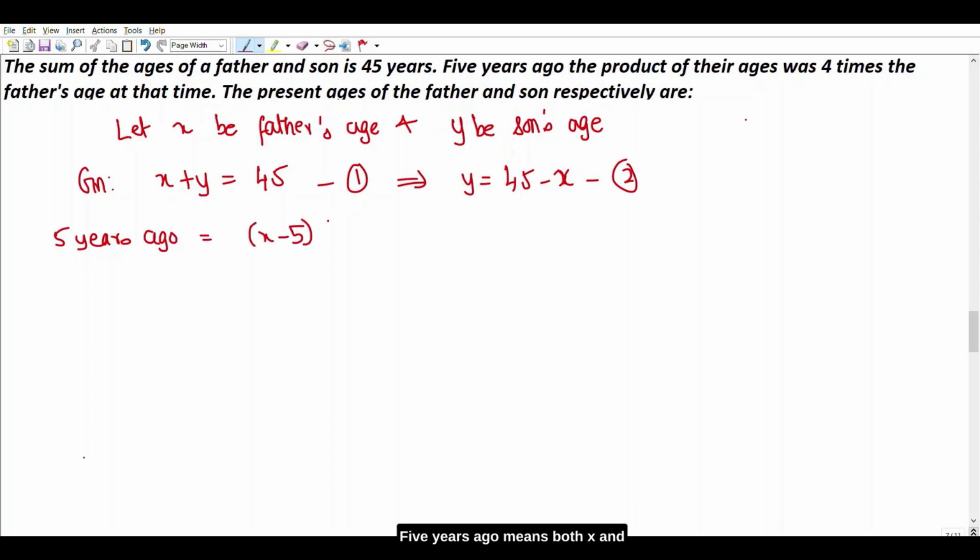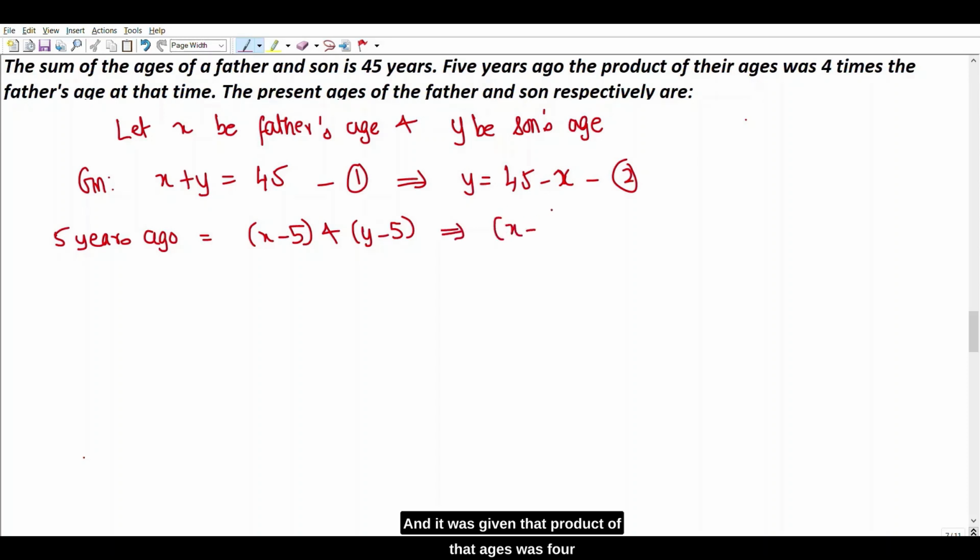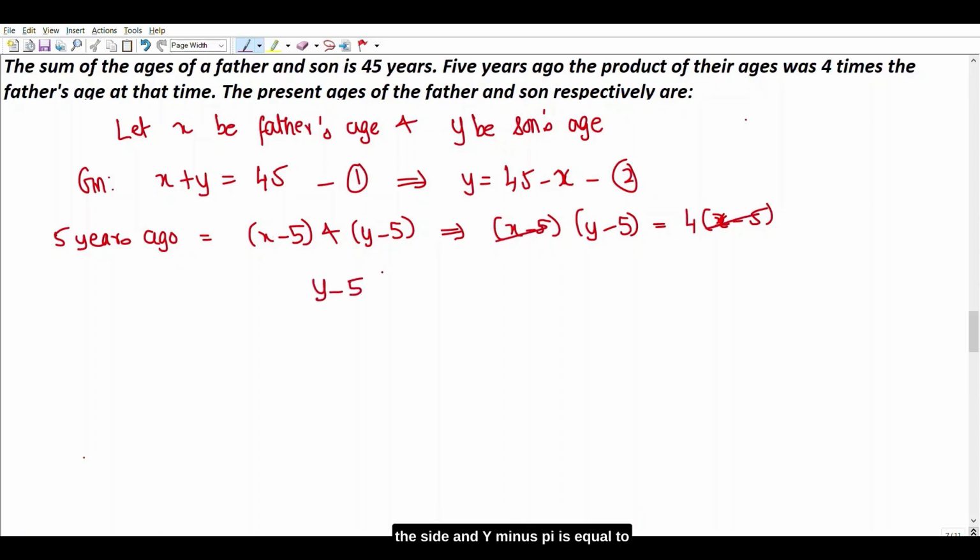5 years ago means both x and y will be subtracted by 5, and it was given that the product of their ages was 4 times the age of father at that time, which means x minus 5. So we can cancel x minus 5 on both the sides, and y minus 5 is equal to 4, which implies y is equal to 9.